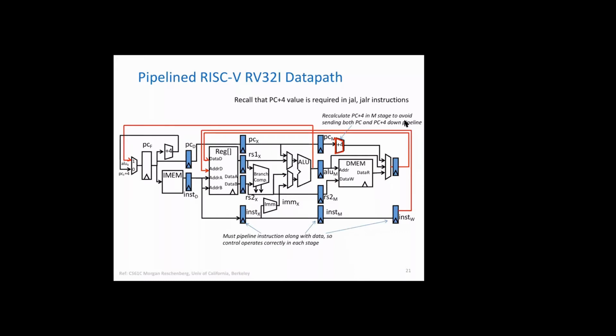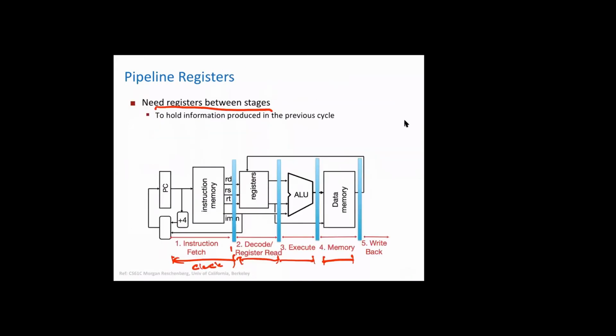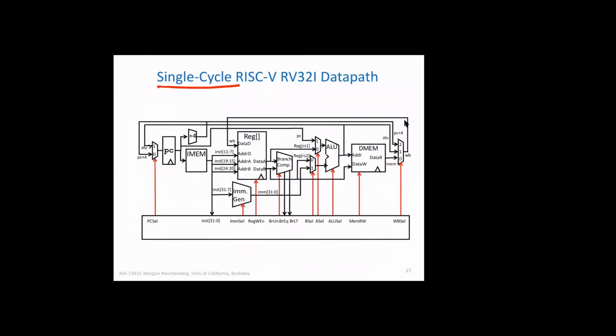We are taking it all the way up to this point, right? If you see the single cycle design, PC plus 4 was going all the way up to this point, right?